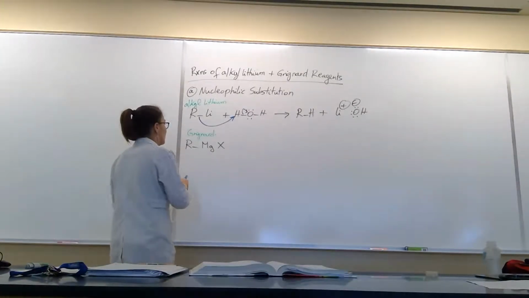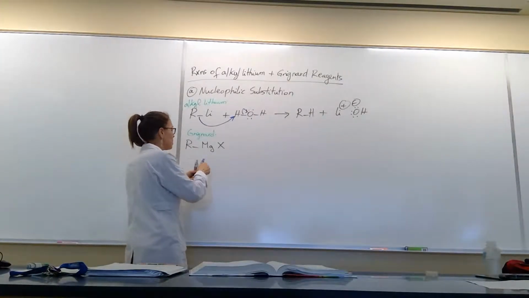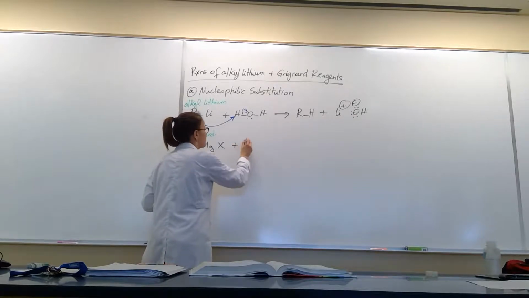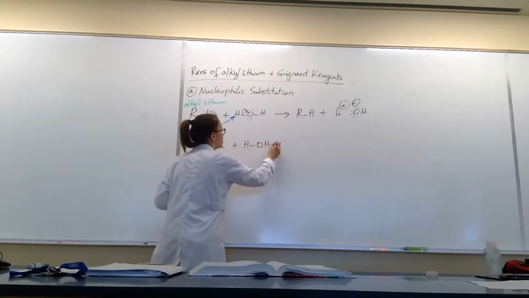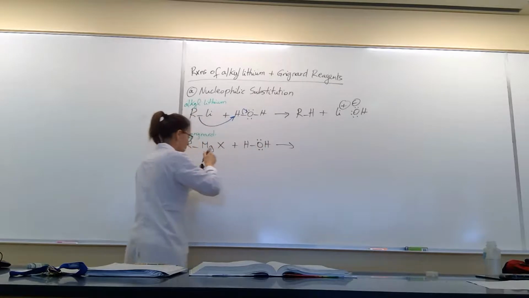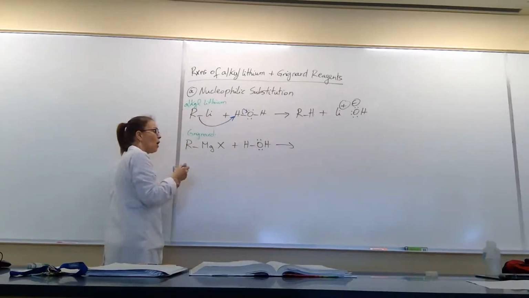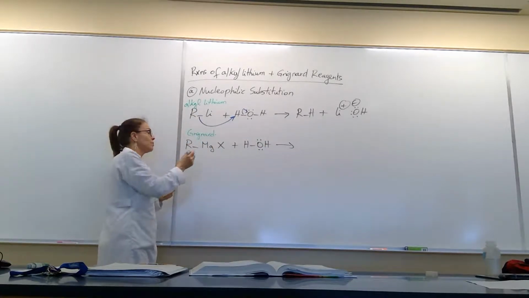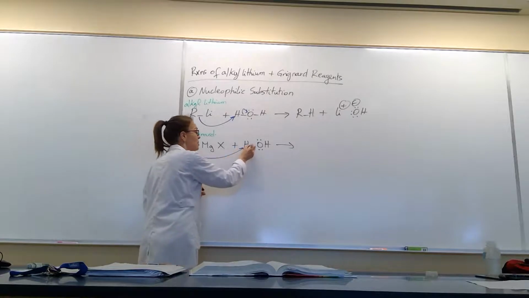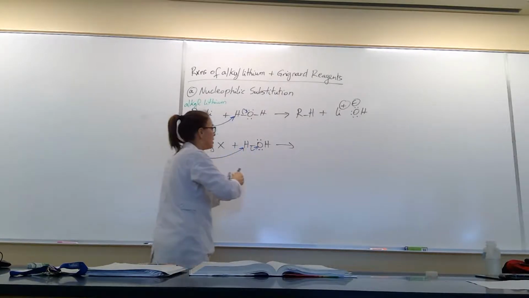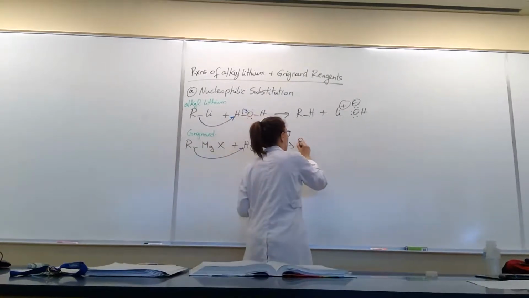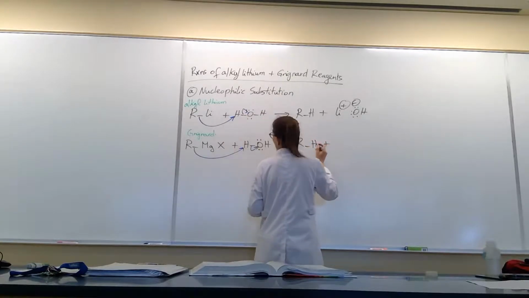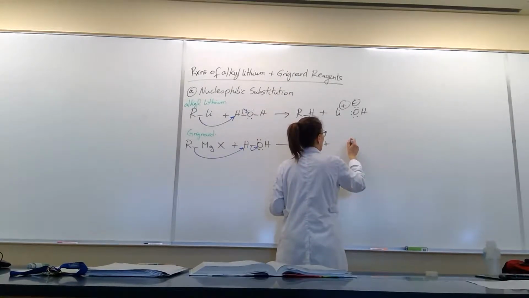So again, if I put them in the presence of water, the R means there's a carbon negative, so the carbon will take the H because it's negative, and this goes like this, and you end up again with RH plus MgXOH.